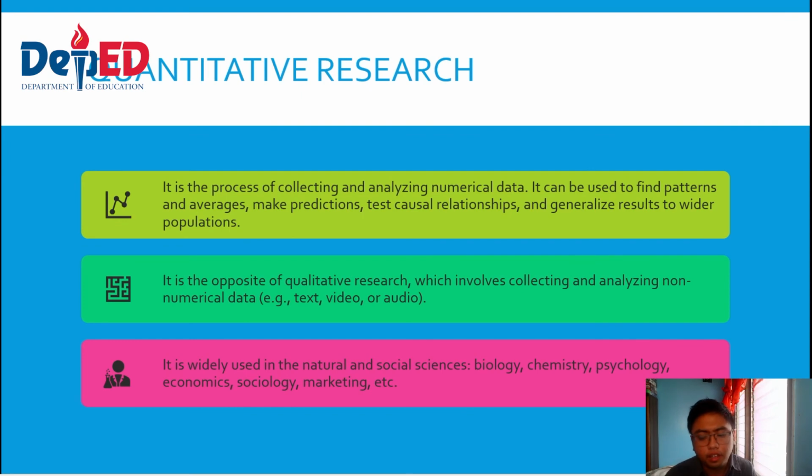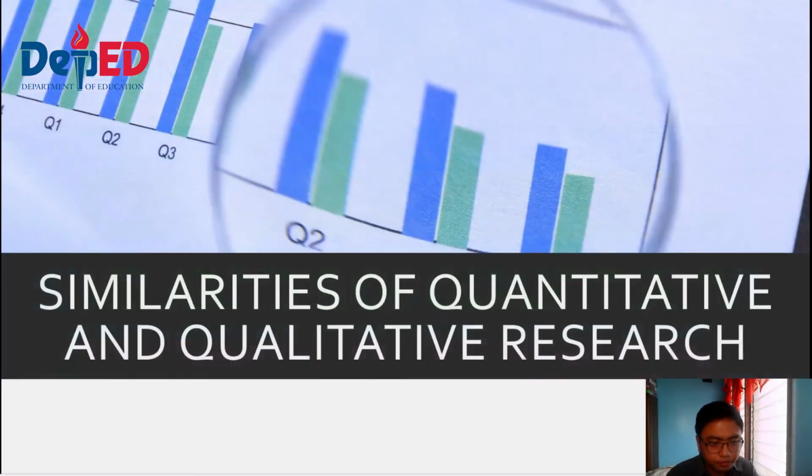For example, attitudes cannot be quantified. So the term here, we need to quantify things in quantitative research. And third, it is widely used in the natural and social sciences like biology, chemistry, psychology, economics, sociology, and marketing, and many more. Those are just some fields that use quantitative research.